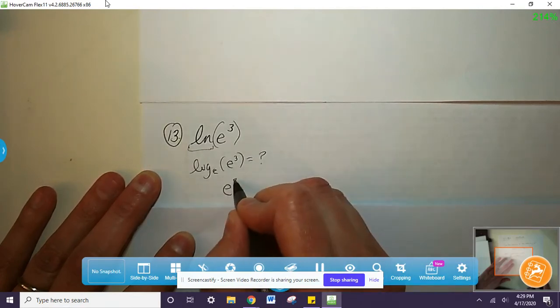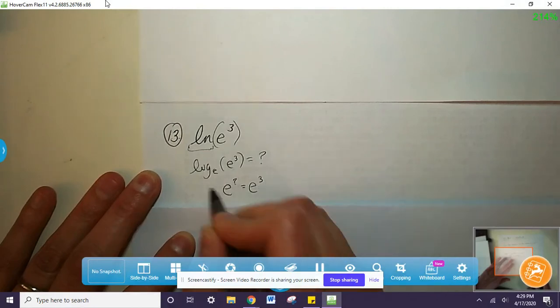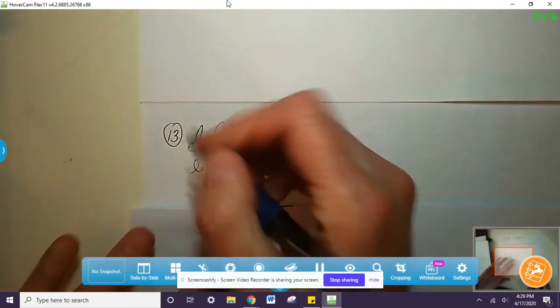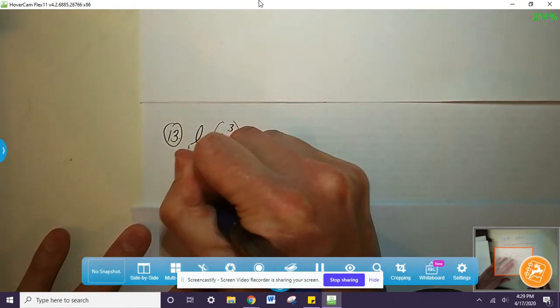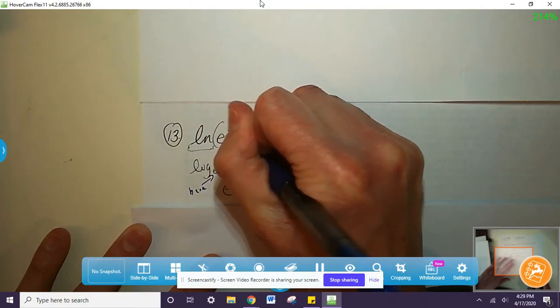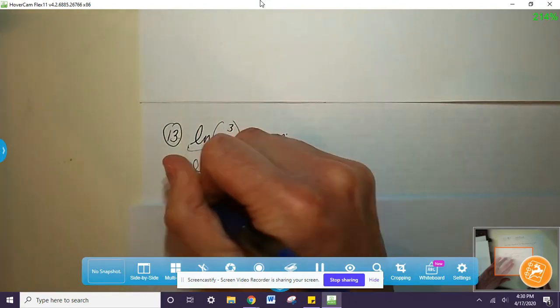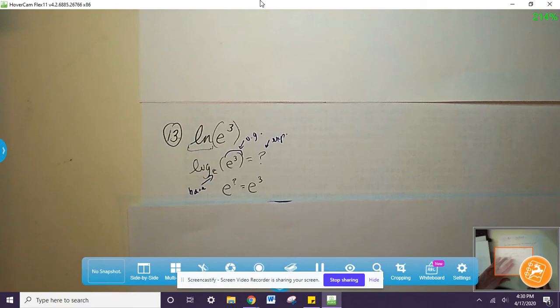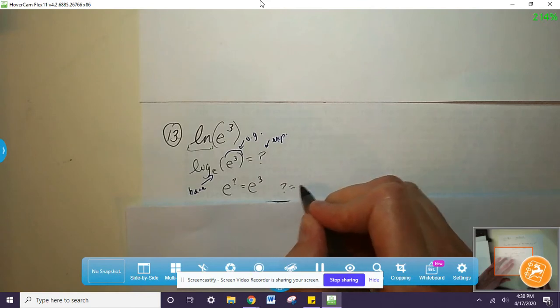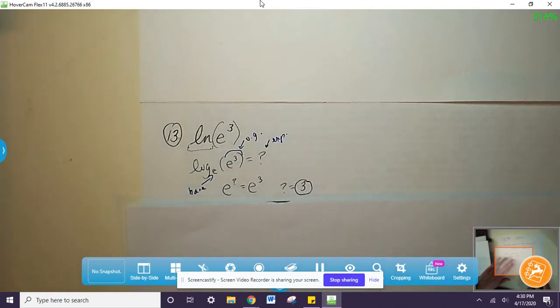So this one is e to what power gives me e to the third, because my base is e. My exponent is question mark, and this is my other guy, e to the third. My other guy has an exponent in it. So e to what power gives me e to the third? That power must be 3.